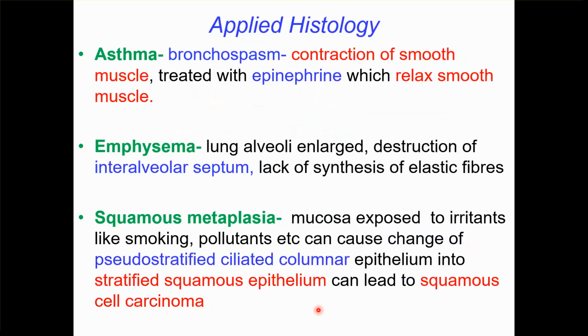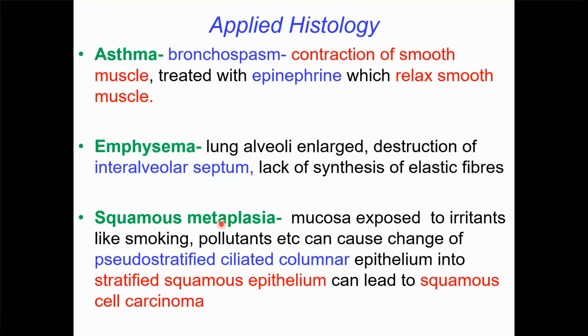Okay. Further applied histology we can see with asthma, in which you have bronchospasm, that is contraction of the smooth muscle. It is treated with epinephrine, which helps in relaxation of the smooth muscle. Emphysema, the lung alveoli is enlarged. There is destruction of the interalveolar septum, and there is lack of synthesis of elastic fibers, and this is the reason why the alveoli undergo enlargement.